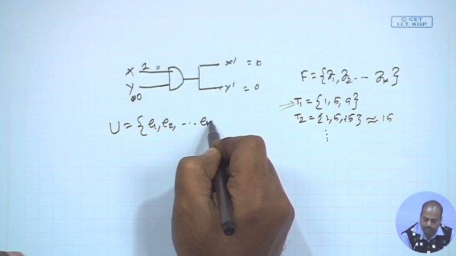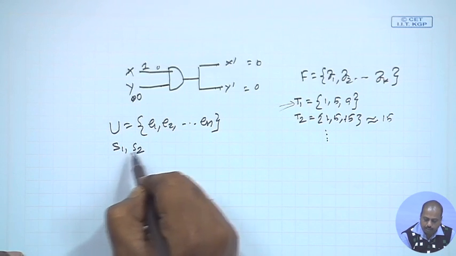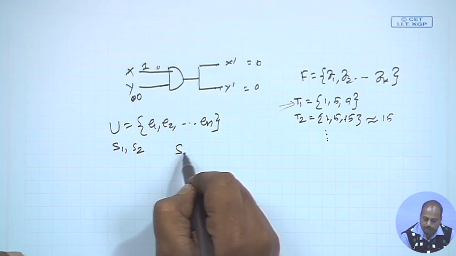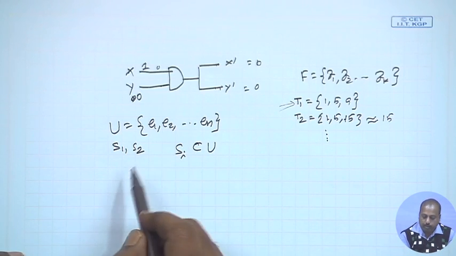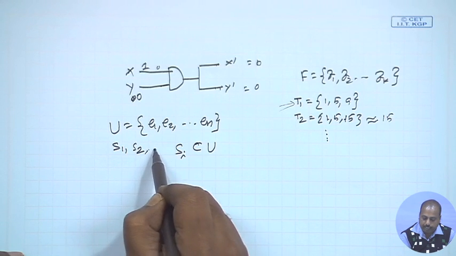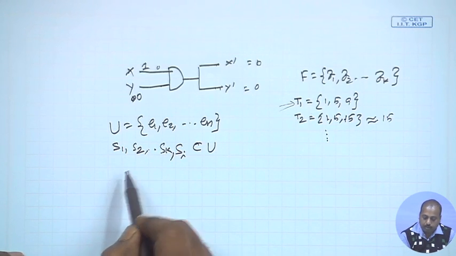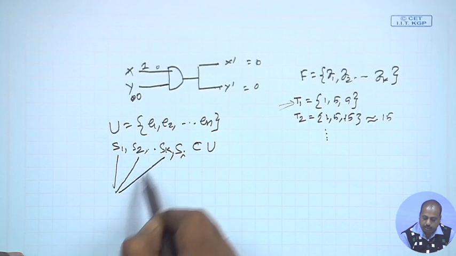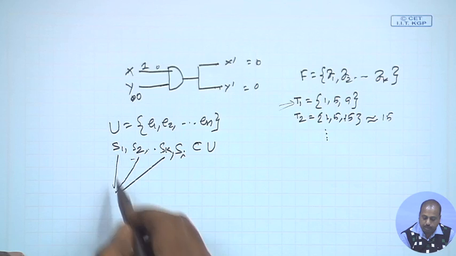up to En, and we have got these individual sets S1, S2, S3, etc., which are actually subsets of this U. Now, there may be say k such sets, each Si is a subset of U. Now, the question is that from these S1, S2, etc., I need to select a minimal set of subsets.